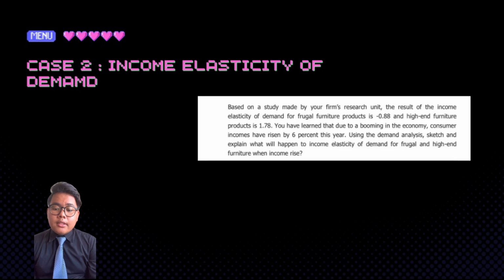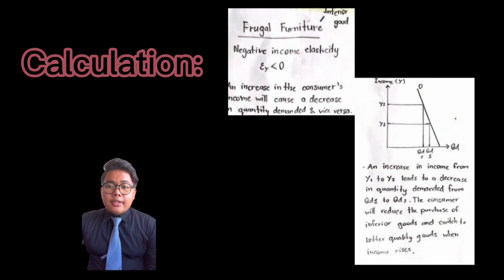Using the demand analysis, sketch and explain what will happen to the demand for frugal and high-end furniture when income rises. Frugal furniture is an inferior good. Inferior goods have negative income elasticity. The reason is that an increase in the consumer's income will cause a decrease in quantity demanded, and vice versa.